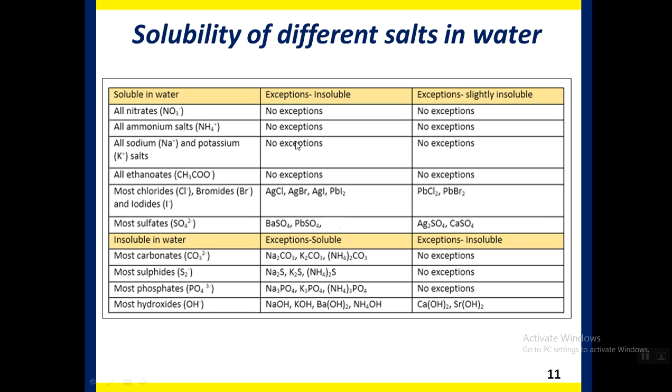Also, most metal hydroxides are insoluble or almost insoluble except sodium hydroxide, potassium hydroxide and ammonium hydroxide, right? Calcium hydroxide and strontium hydroxide are slightly soluble in water.